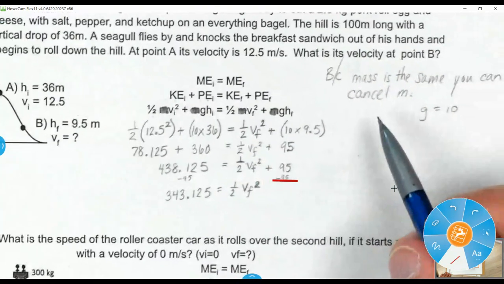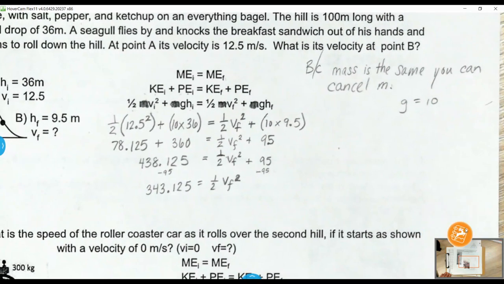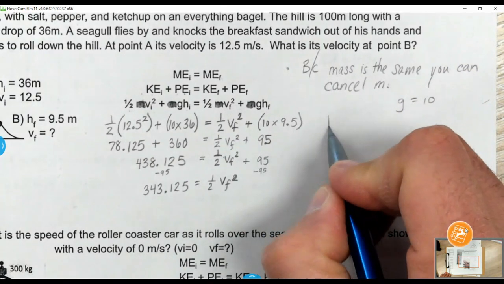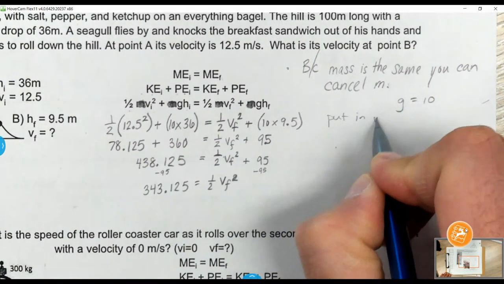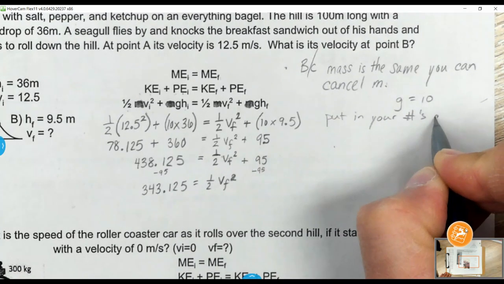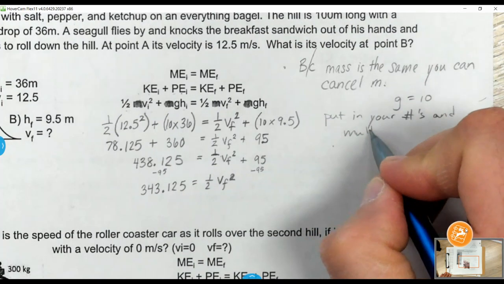All right, so because mass is the same, you can cancel. All right, that's 1. Put in your numbers. And multiply.